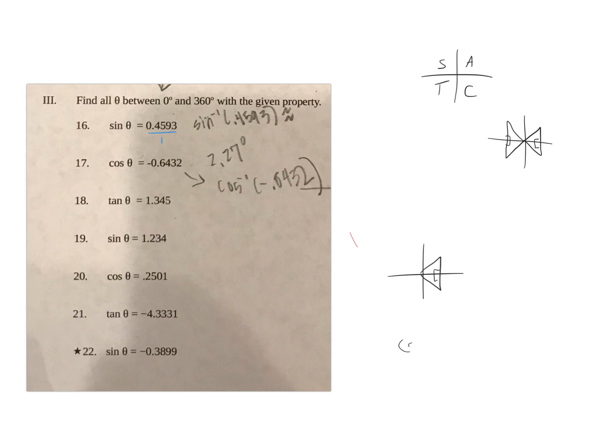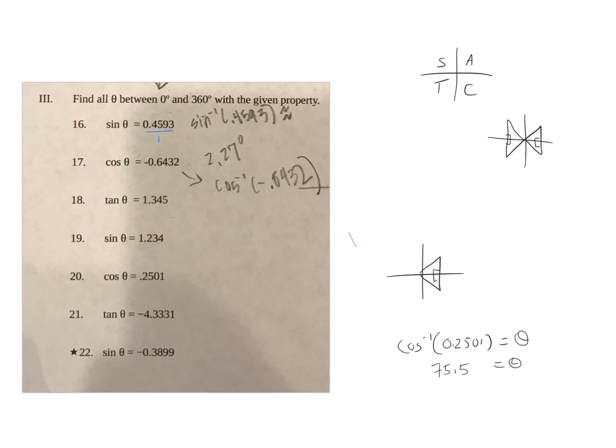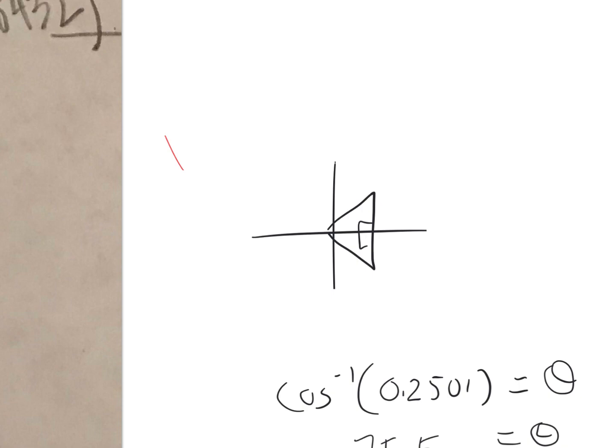And let's plug in the inverse cosine of 0.2501. We know that that's going to be equal to some angle, and that is equal to 75.5. Now clearly that's this angle, right?